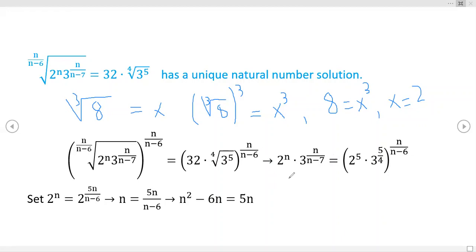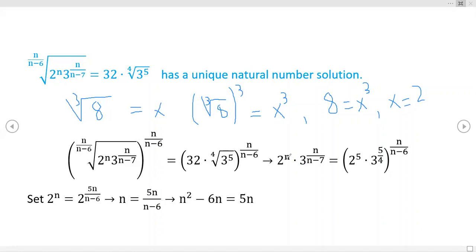This works out rather nicely because at this stage, all you have to do is apply the laws of exponents. Since these are unique prime factorizations, you only have to apply the laws of exponents to just one of the prime factors, and that's exactly what I did right here.